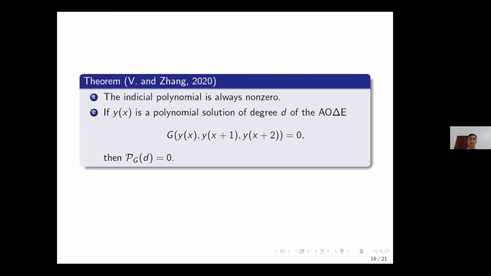So in the end of the day, we have the bound for the degree of the polynomial solution of the last one. So we can use an ansatz to determine all polynomial solutions of the last one, and then we return back to rational solutions of the given one.